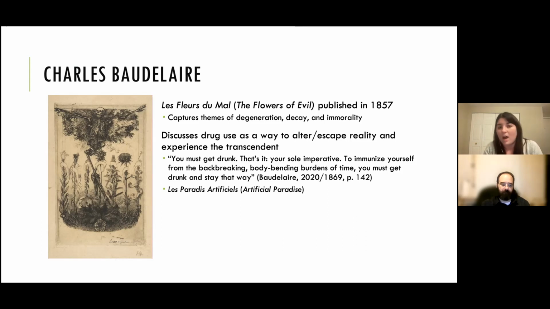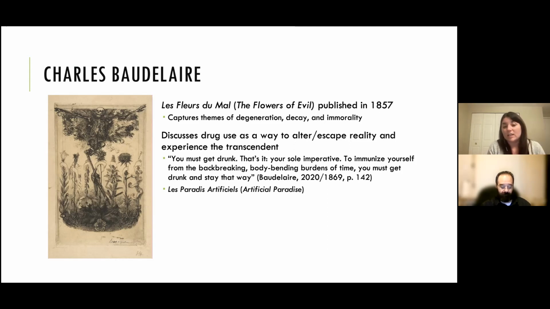So like other decadents, Baudelaire's work really captures themes of degeneration, decay, immorality. But again, rather than warning against them as Morel did, Baudelaire is celebrating them. And like other decadents, Baudelaire also talks about drug use as a way to alter or escape reality and experience the transcendent.